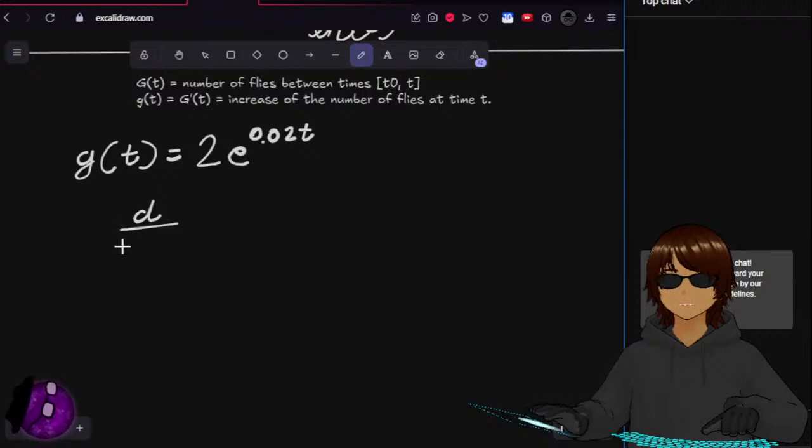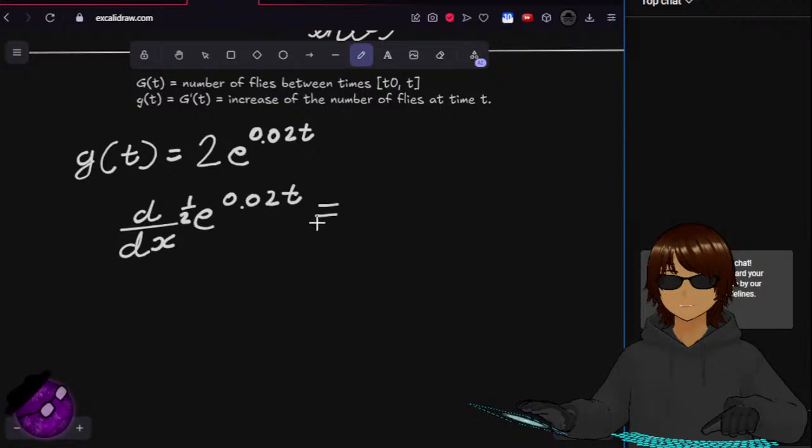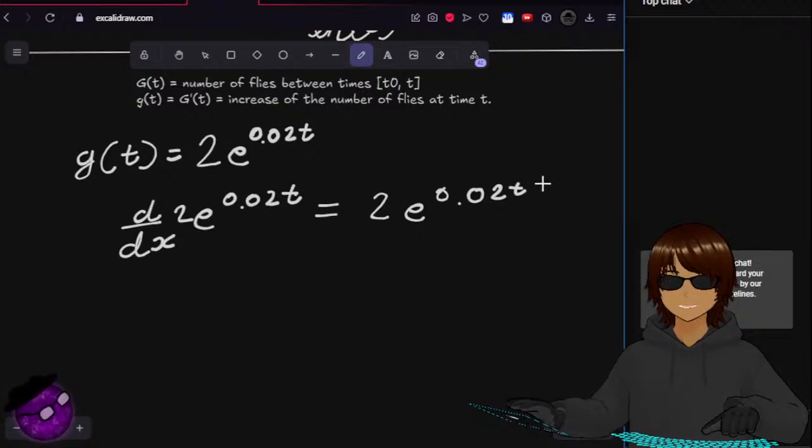Derivative of e^(0.02t) over... the derivative of this is 2 outside times the inside.